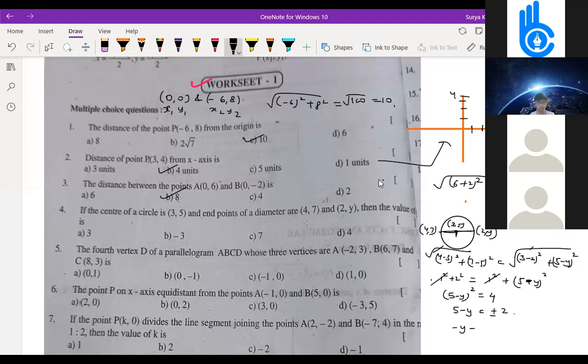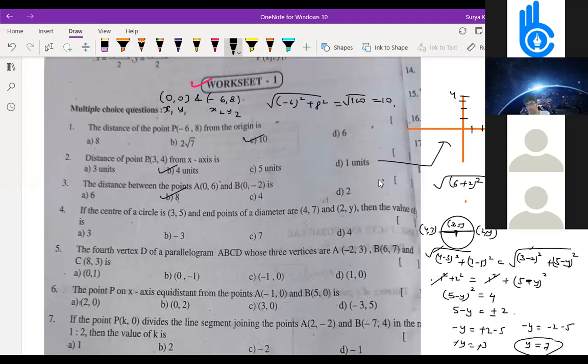So minus y is equal to what? Minus y is equal to plus 2 minus 5, or minus y is equal to minus 2 minus 5. So minus y is equal to minus 3, so y is equal to 3. And here minus y is equal to minus 7, so y is equal to 7. So which is the answer over here?